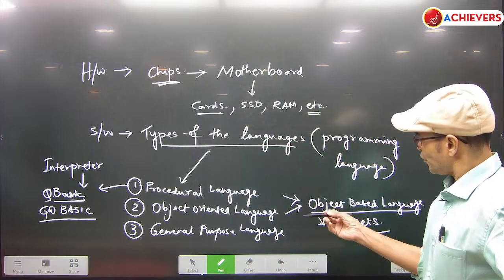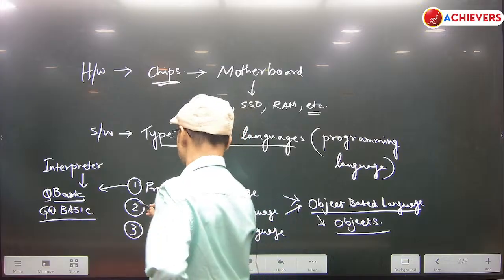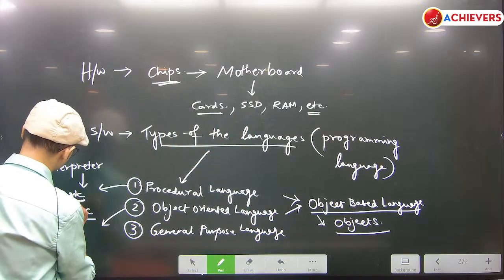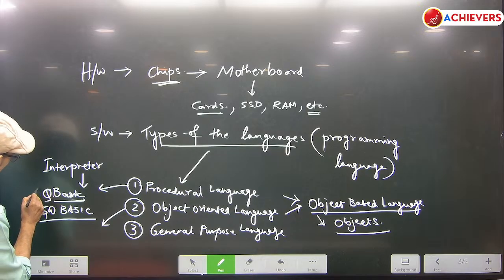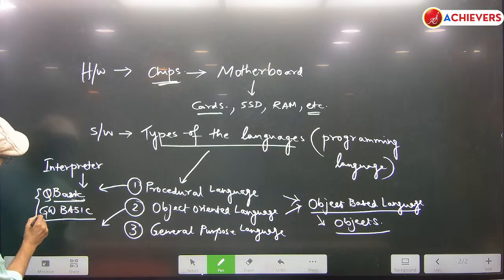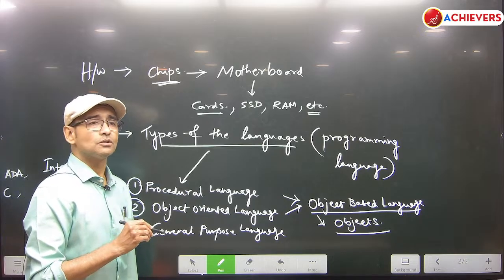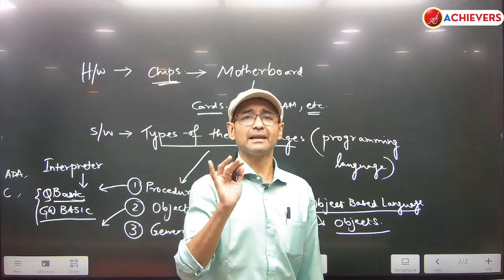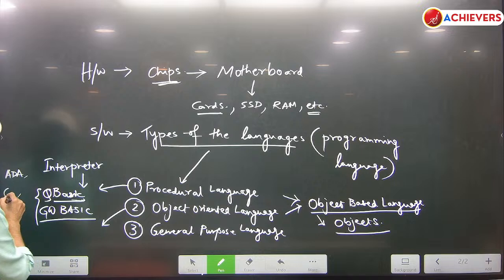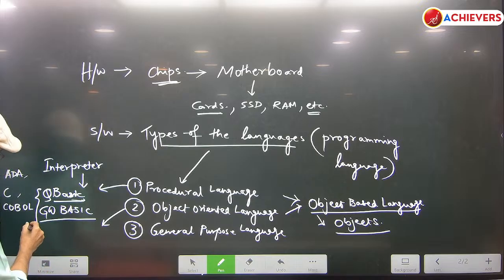Now, general purpose language, we have the concept. So here, other than QBasic or GW-BASIC, we also have C language, ADA, and COBOL. So these are the procedural languages. C, BASIC, COBOL. COBOL is Common Business Oriented Language. Pascal was another language.